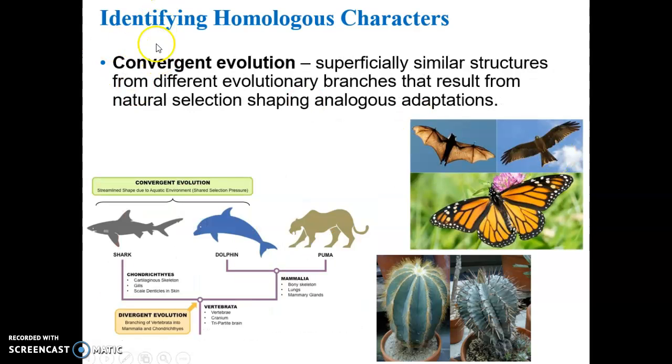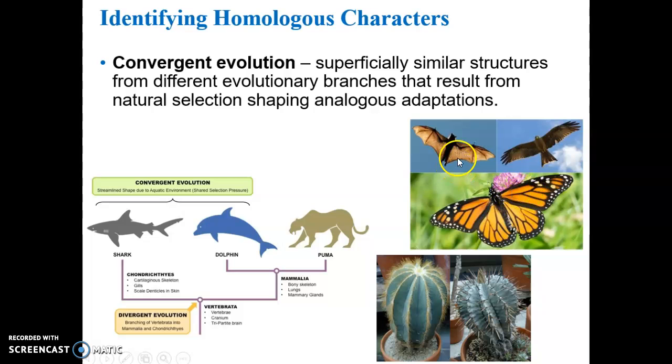So let's look at a process that's called convergent evolution. This is where superficially similar structures like wings, that's a wing, and that's a wing on a bird, a bat, and an insect. So they're all wings. Superficially they might appear similar, but they are from different evolutionary branches, and the result of the similarity is through natural selective pressures that have caused analogous adaptations.